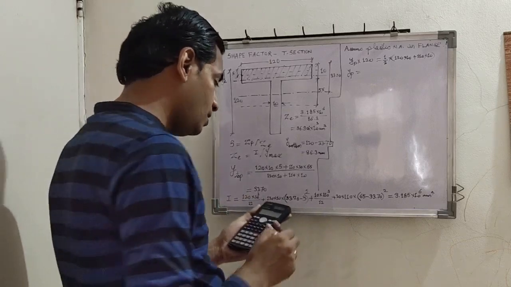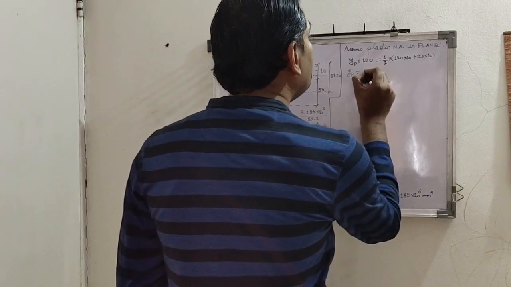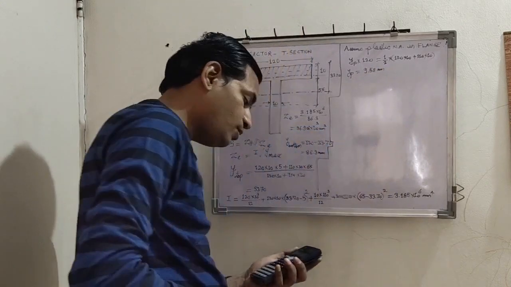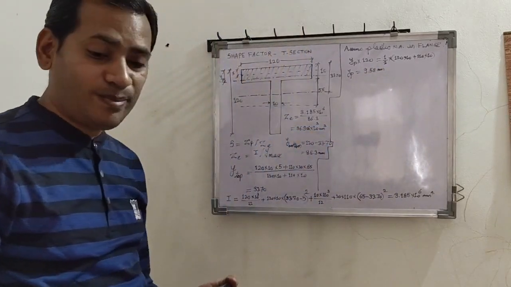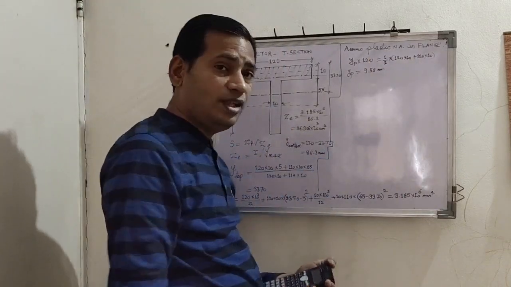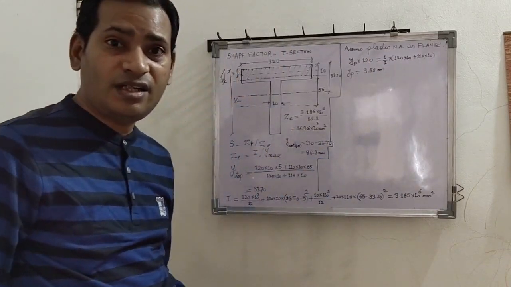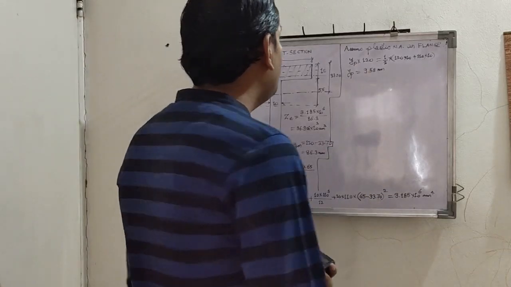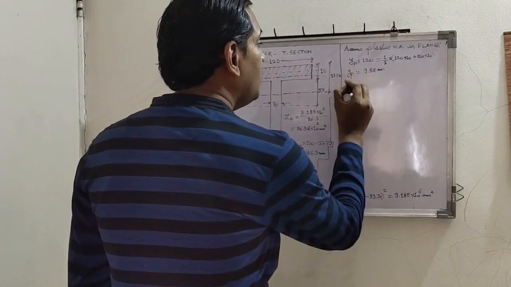How much is the depth? 9.58 mm. So our assumption that the neutral axis is within the flange is correct. Now how much is the area above the neutral axis? A1 we shall say.